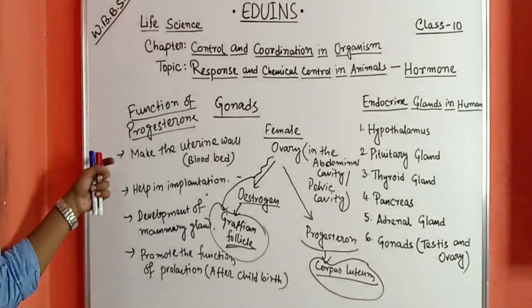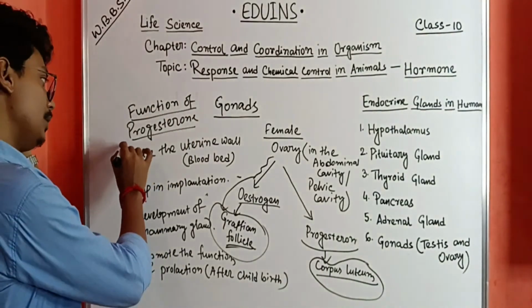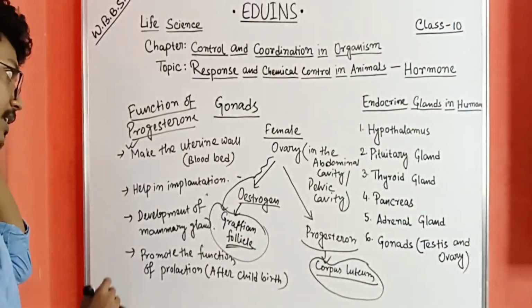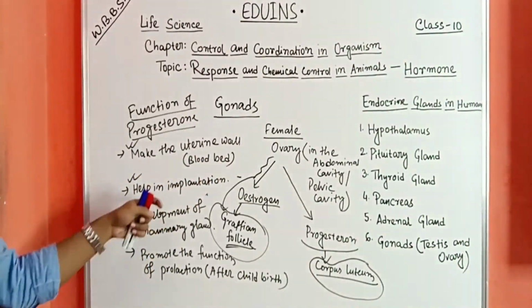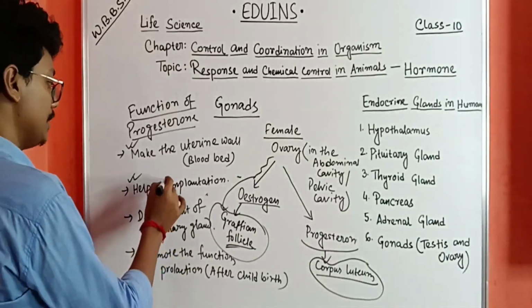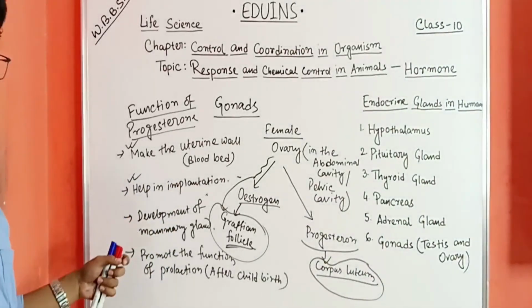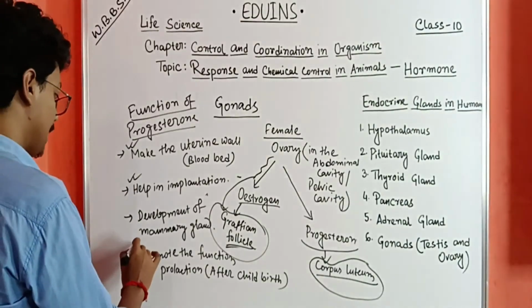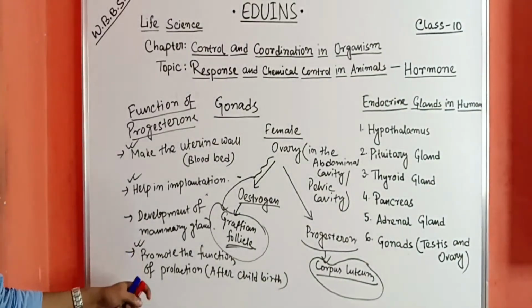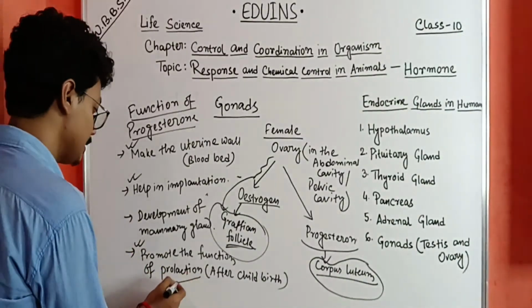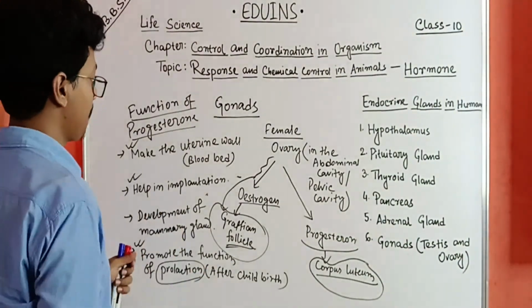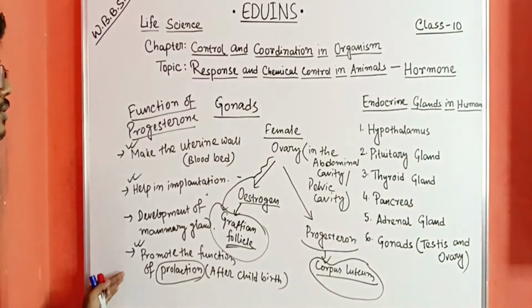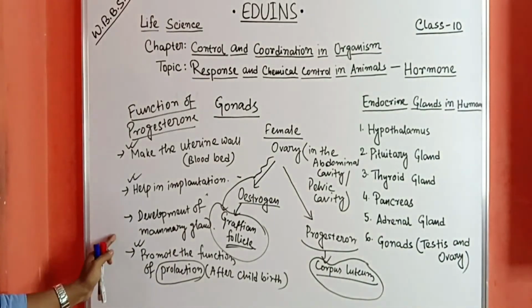So it makes the uterine wall ready for pregnancy, helps implantation of the zygote, helps development of the mammary gland, and promotes the function of prolactin, that is milk production. So these are the functions of progesterone.